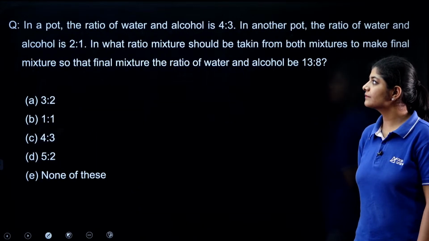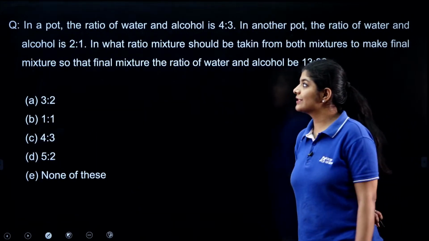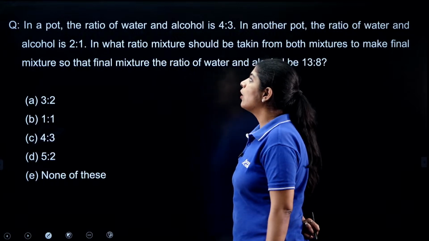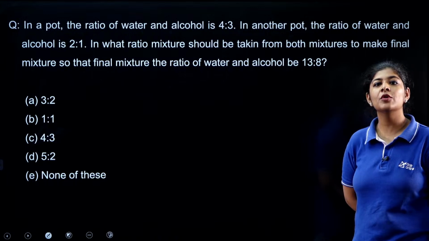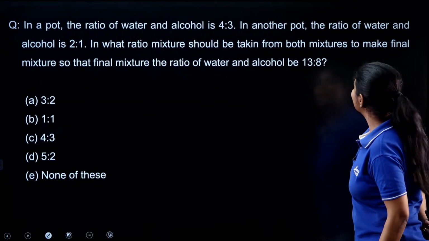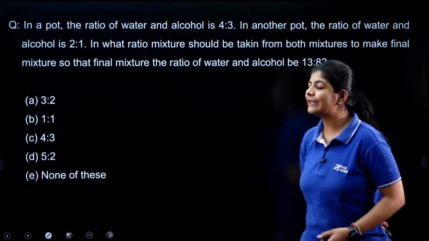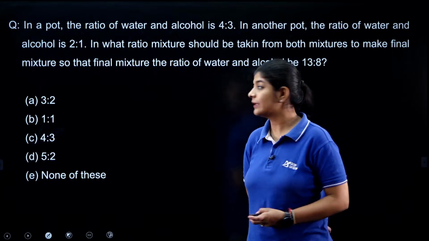Next. The next question says that in a pot, the ratio of water and alcohol is 4:3. In another pot, the ratio of water and alcohol is 2:1.